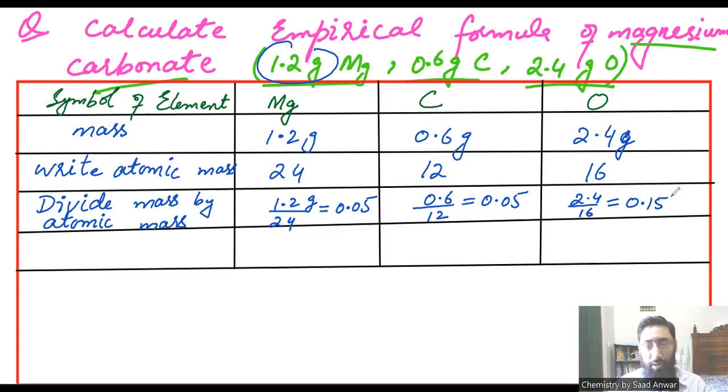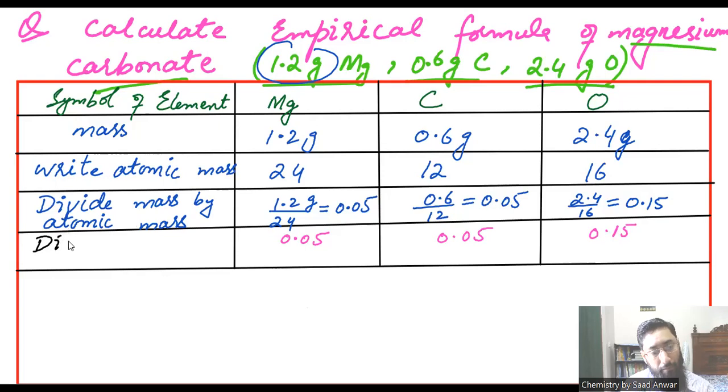So the next step is figure out the lowest value. You see, we have here 0.05, then again 0.05, then we have 0.15. So obviously the lowest value is 0.05. So the next point is divide the answers by the smallest number.